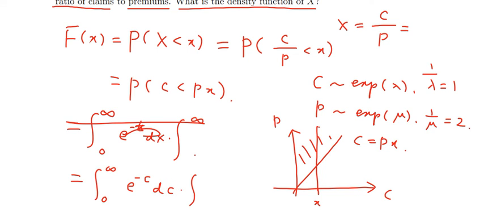Then here the P is from C over x to infinity, p dp. So not dp.